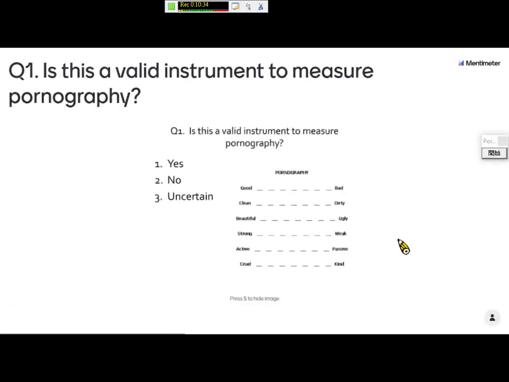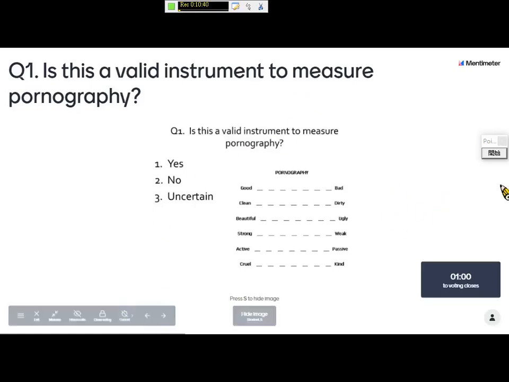Okay, so let's say this one, and you can do some survey. Do you have a smartphone? Can you do the survey?